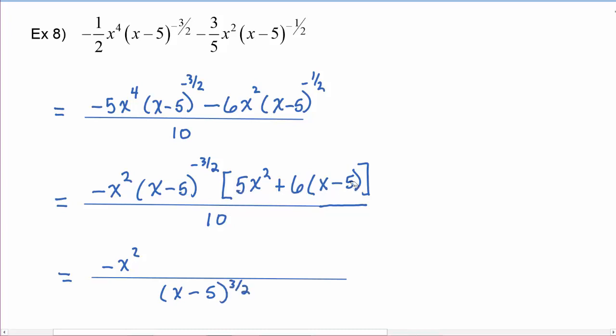And inside the brackets here, we have 5x squared plus, we'll have to distribute the 6 times x to get 6x, and the 6 times a minus 5 to get minus 30. Now we also, in the denominator, have that 10 there, and there's our final answer.